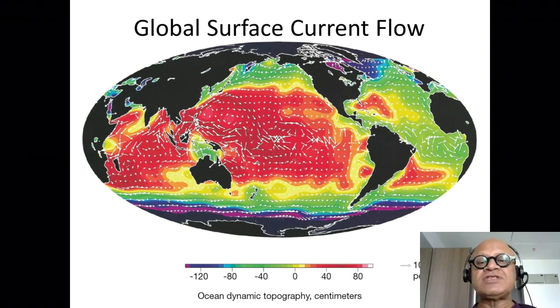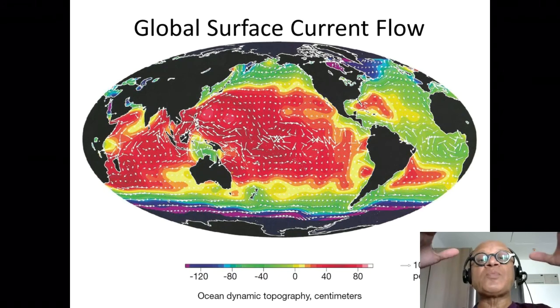So what do we see here? We have already learned that the subtropical highs exist, and temperature of the ocean is not constant, and so on. So you can see these red areas with these circular currents in the Pacific Ocean, which is shown clearly, and a little bit of a circular motion here in the North and South Atlantic going in opposite directions, clockwise here, counterclockwise here, and so on.